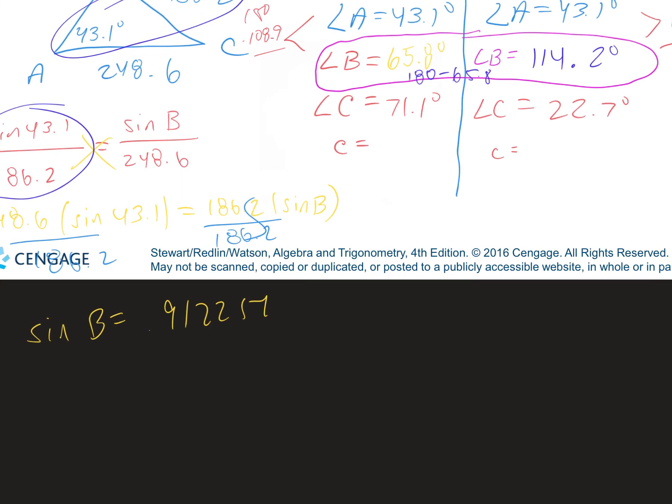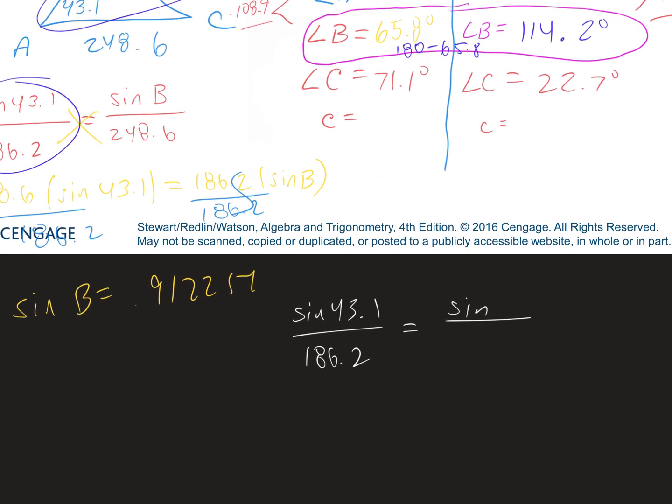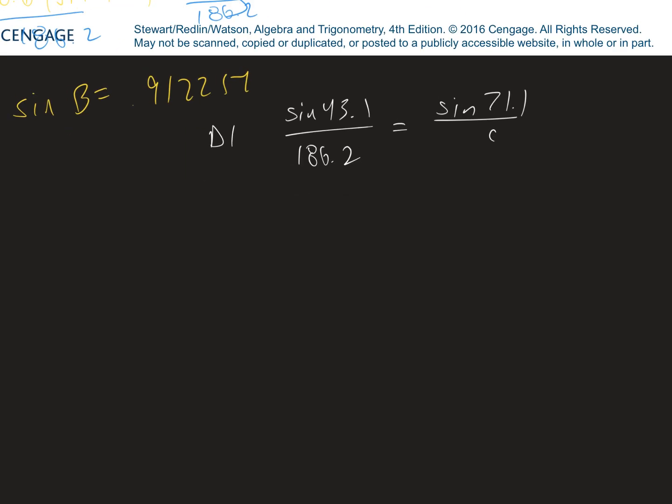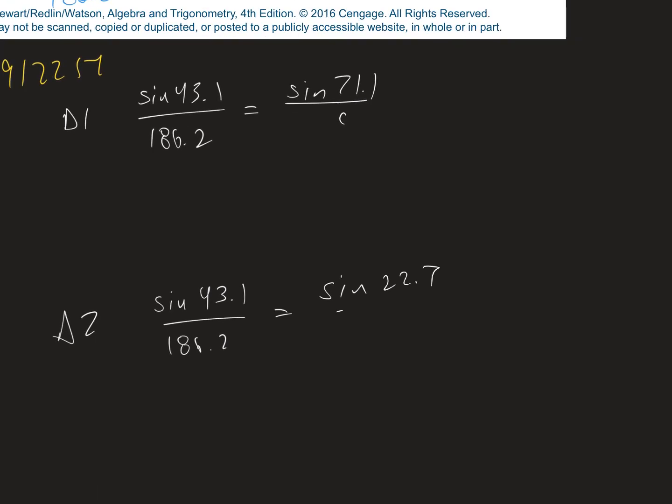For triangle 1, I'm going to say sine 43.1 over 186.2 equals sine of C, which in triangle 1 is 71.1, over little c. For triangle 2, I'm going to use that same proportion, because whatever is given to you is in both triangles. In this case, the sine of C in this one, 22.7, over little c.